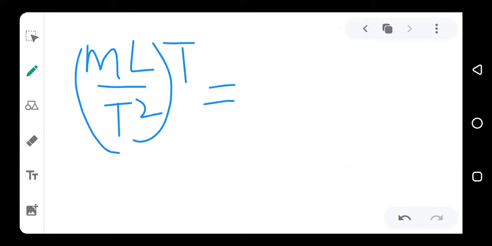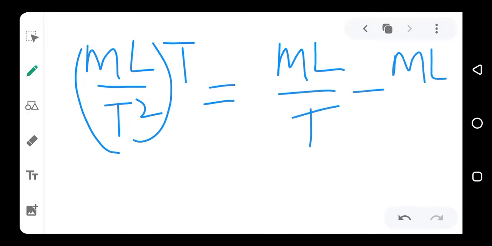We have 2 t's down and 1 t up, so 1 cancels 1 here.